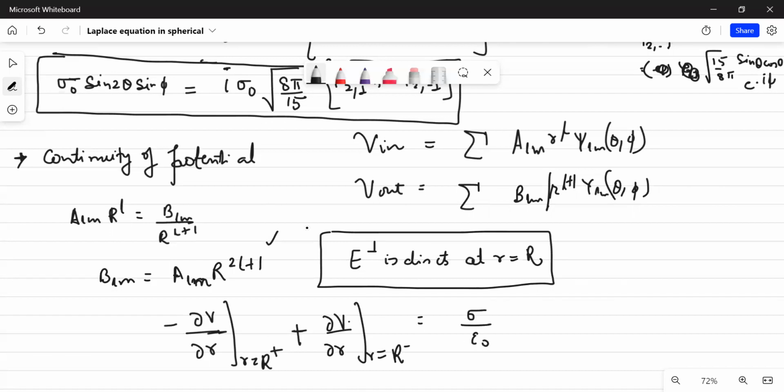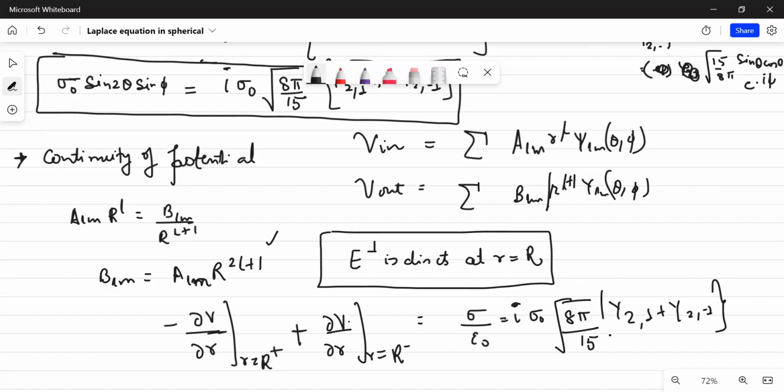If this is the case, and sigma you already know, it is i sigma naught, and then there is root over 8 pi upon 15, and then there would be Y_2^1 plus Y_2^-1.